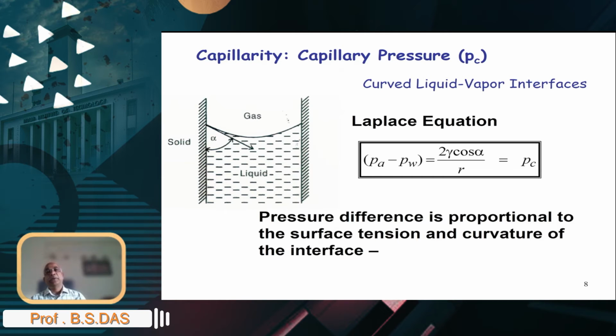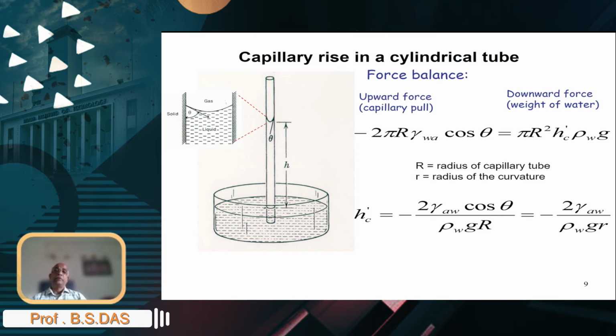And so again, we have a relationship between this PC and surface tension and the radius of the water-containing pipe.